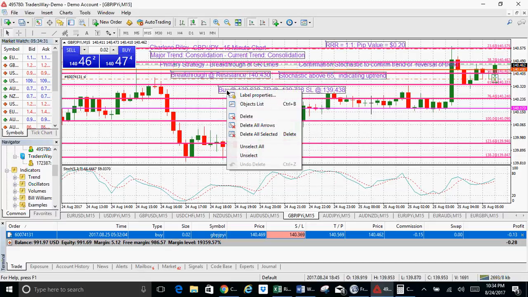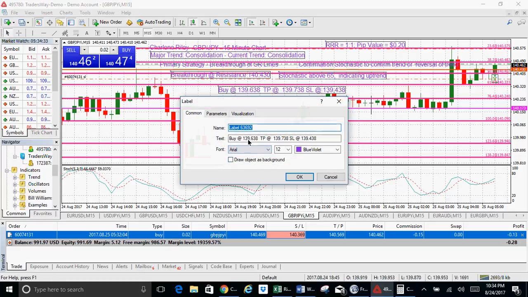And so because of that, we entered into a buy at 140.469, set our take profit at 140.569, and the stop loss at 140.369.